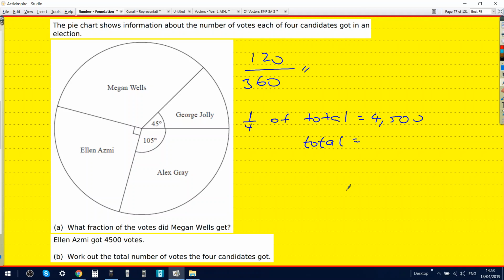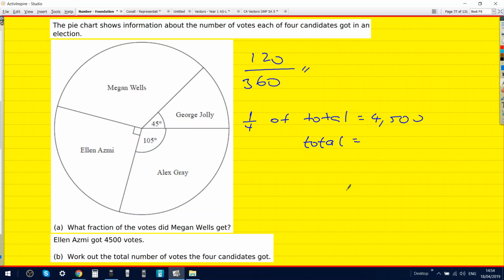What would be half of the total? Half of the total. So, a quarter of the total is 4,500. It would be 4,500 times a half.